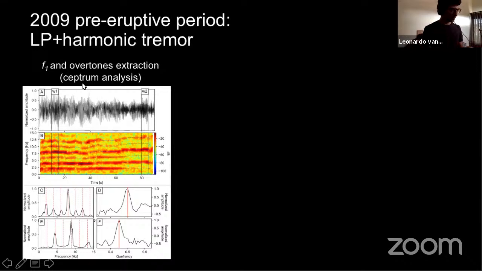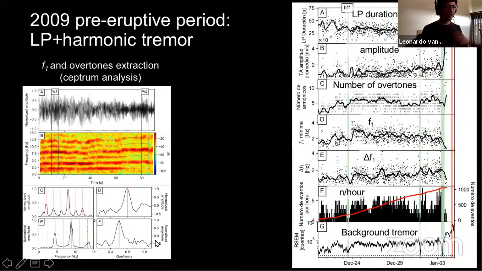So we use spectrogram analysis to extract that information, and we analyze the variations over time of different characteristics: the duration, amplitude, number of overtones, fundamental frequency, the change in fundamental frequency, number of events per hour, and we compare all those with the background tremor.